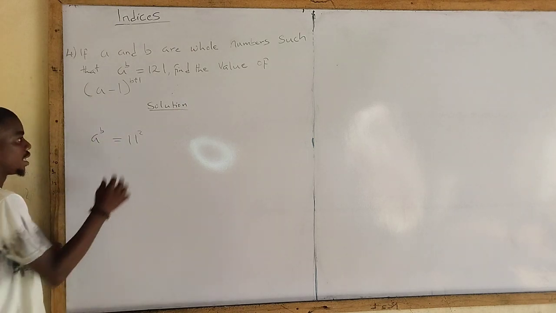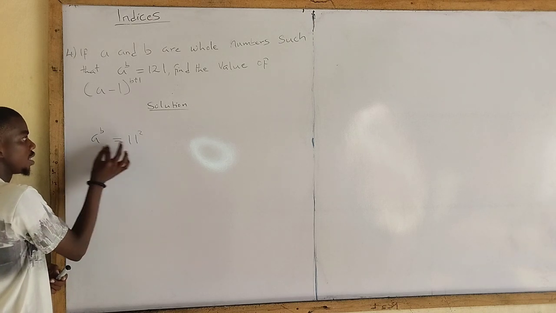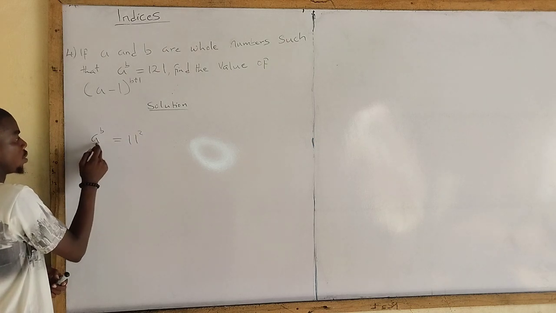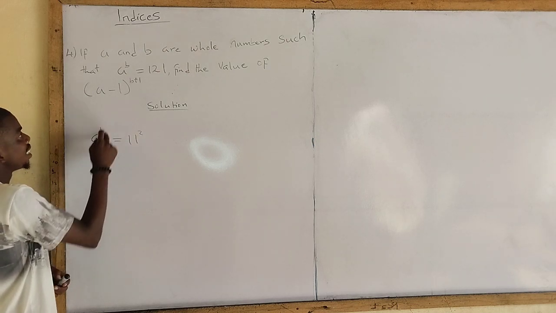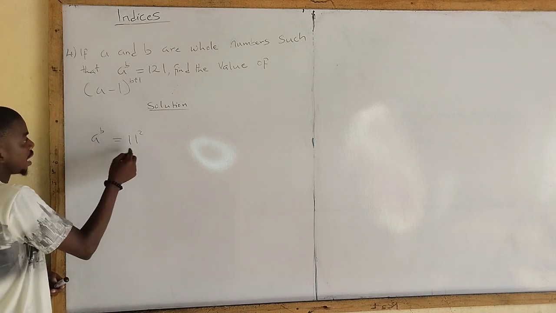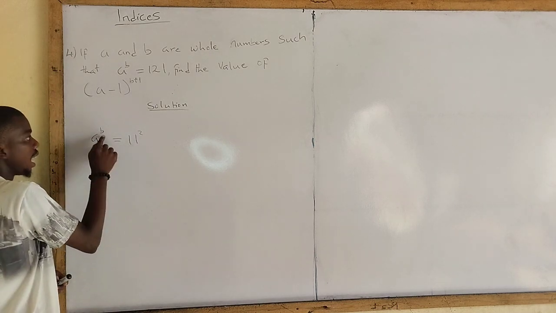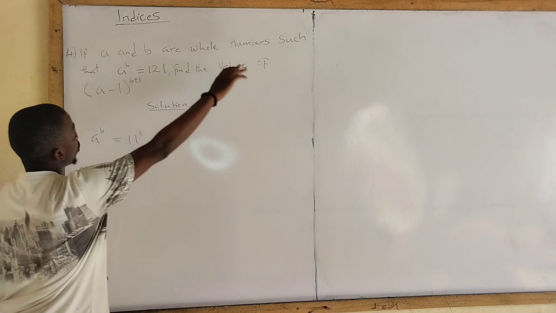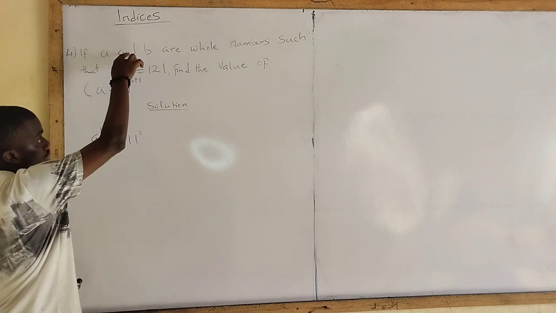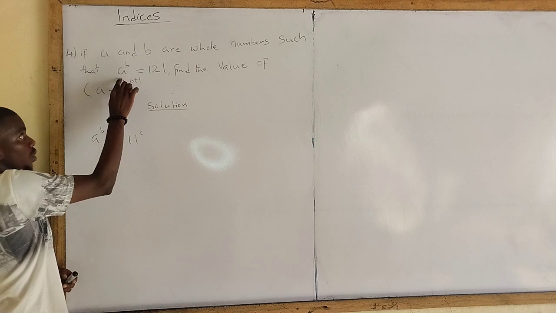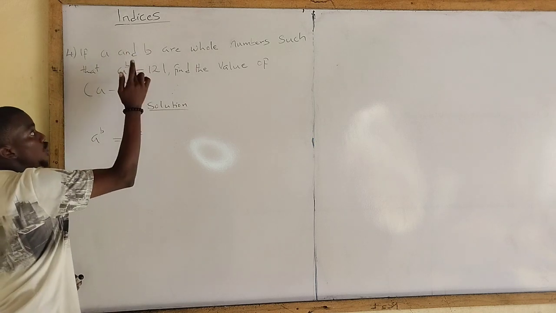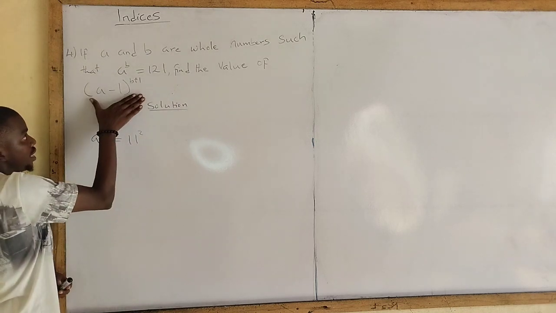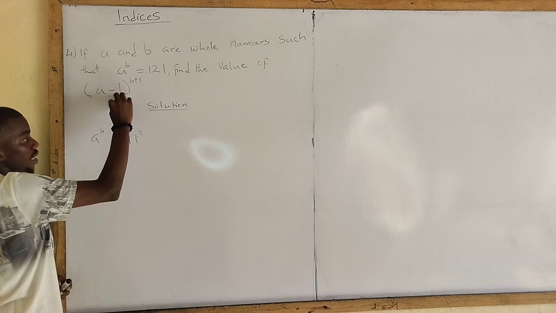You can see that 11 raised to the power of 2 is in the form of a raised to the power of b, where a is equal to 11 and b is equal to 2, because the question says a and b are whole numbers such that a raised to the power of b is equal to 121.